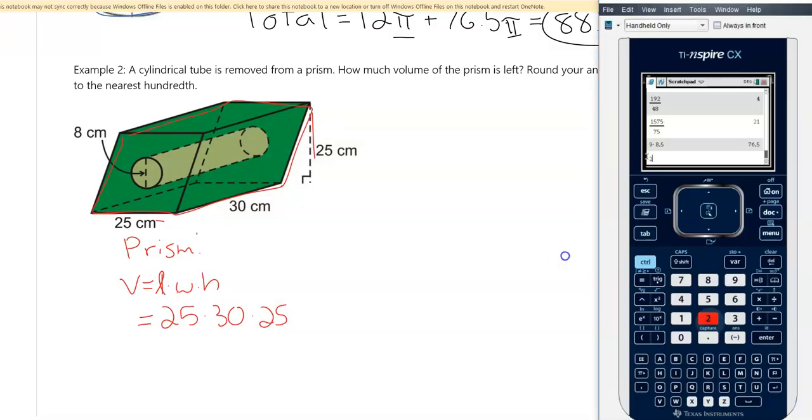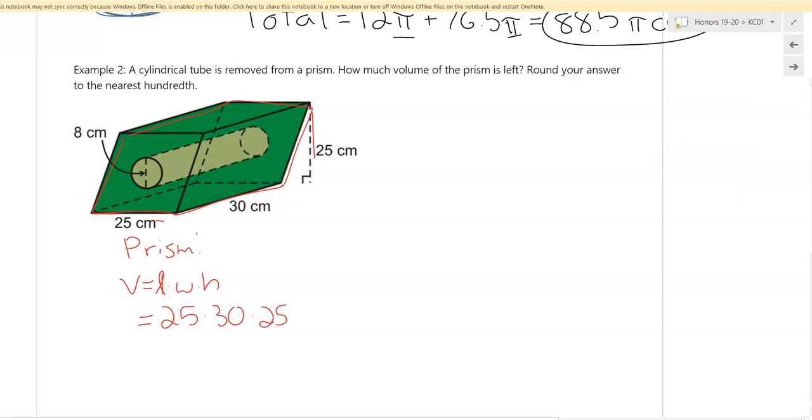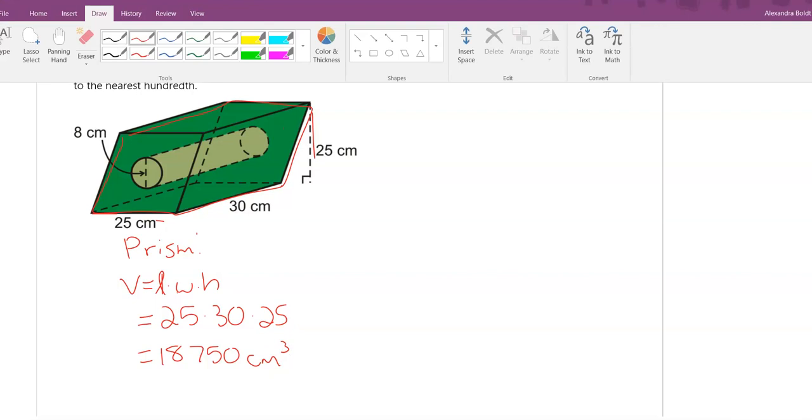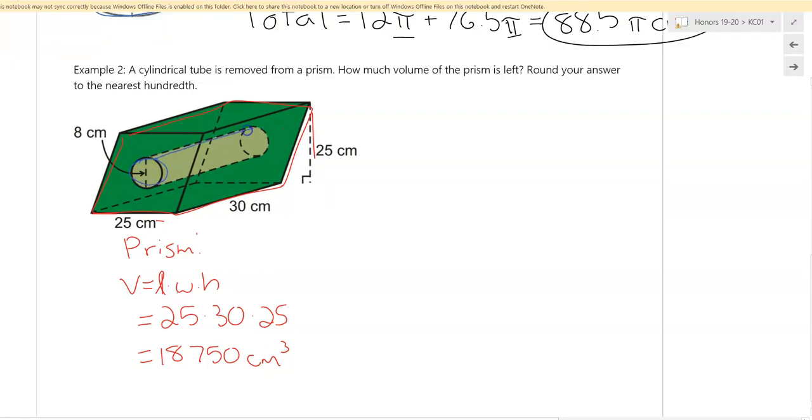We get 18,750 centimeters cubed. So this one has no pi, right? Then, if we look here, we have that cylinder.